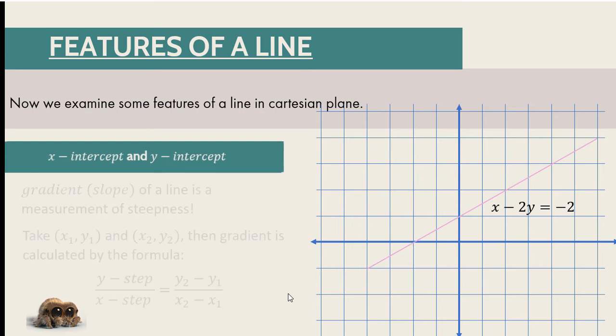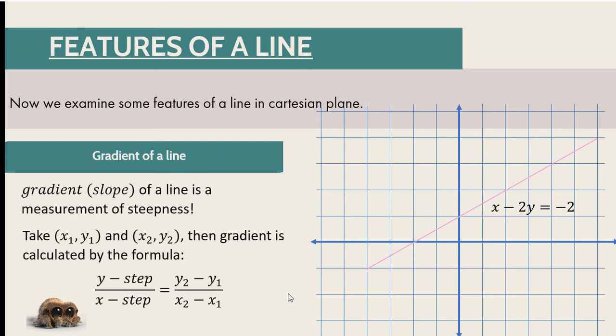Can you see that? Next, the gradient of a line. The gradient, or slope, of a line is a measurement of steepness. Let's take 2 points belonging to the line, (x1, y1) and (x2, y2). Then the gradient is calculated by the formula: the y step divided by the x step.